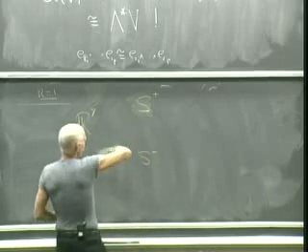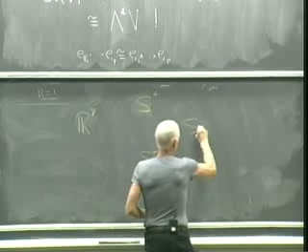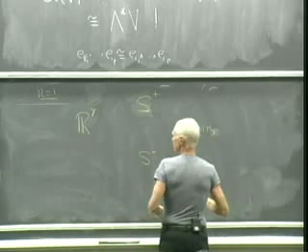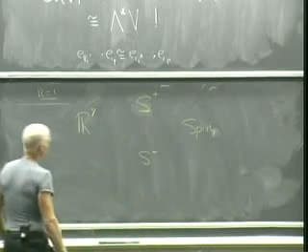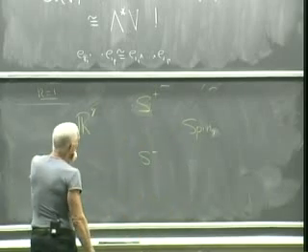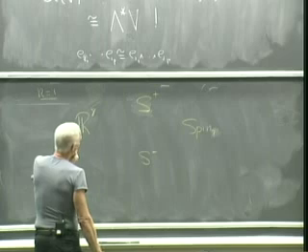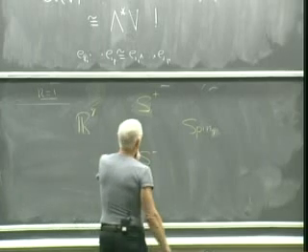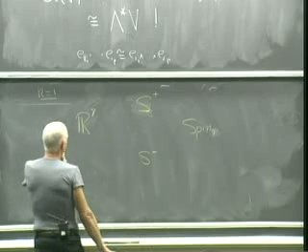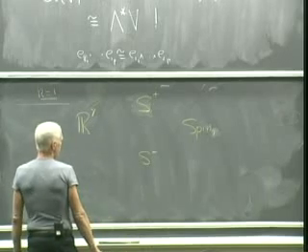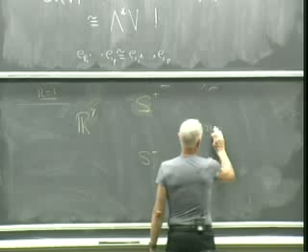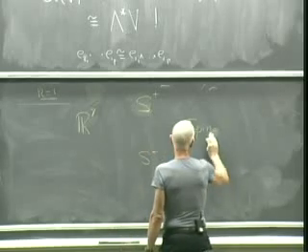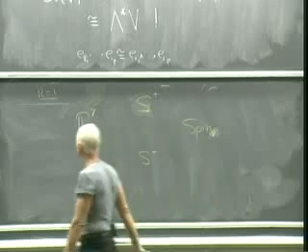So these are all 8-dimensional representations of spin 7. No, spin 8. What am I saying? Yeah, spin 8. These are all representations of spin 8.